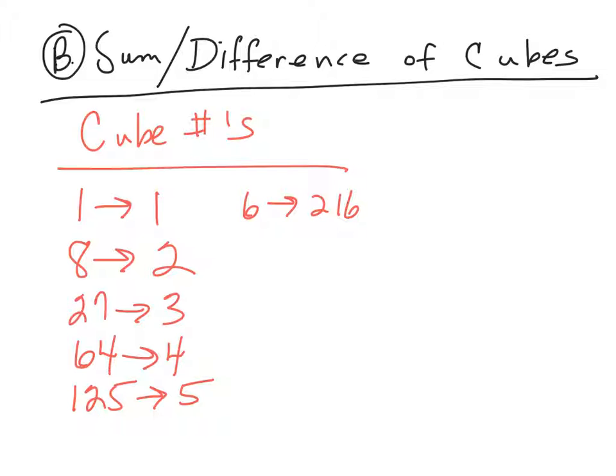And the next one that I would commit to memory would be 1000. I wrote that backwards from all the other ones, didn't I? I put the 6 first and the 216 second. Maybe I'll keep that consistent. 216 is the cube number for 6. 1000 is the cube number for 10.